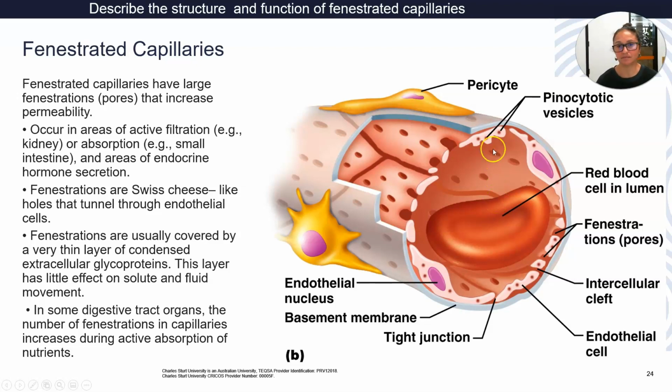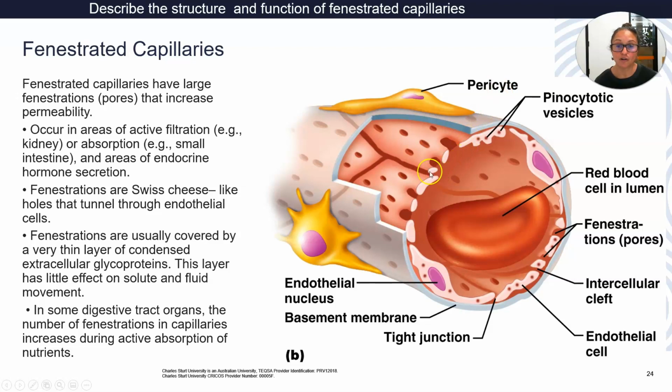Look at this one. Don't worry about the parasites. This one has a basement membrane and endothelial cells. But look at this. The endothelial cells, not only do they have gaps between them, but they also have holes in them, which means that it's now easier for blood, fluid, or things that are in the blood to move from the blood and into the tissue.